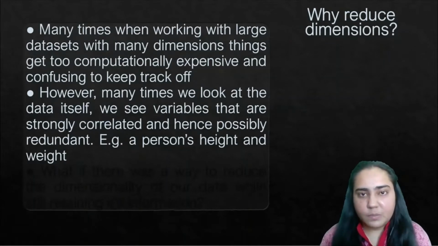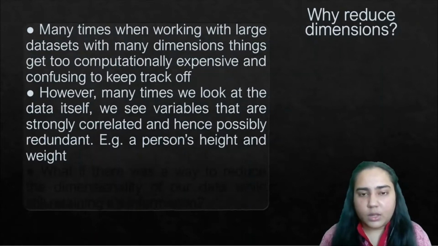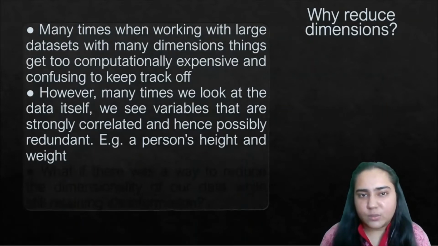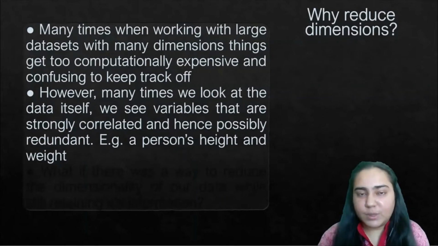Most of the time, just having a person's height can help you predict the weight, or if you know a person's weight, you might be able to predict the height. So most of the time it's correlated, and having one means you do not need the other. So you can reduce some of the dimensions just by looking at your data.